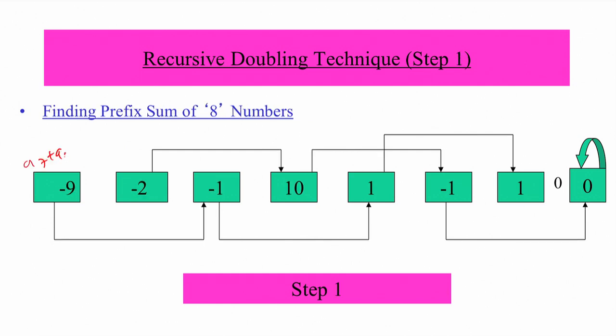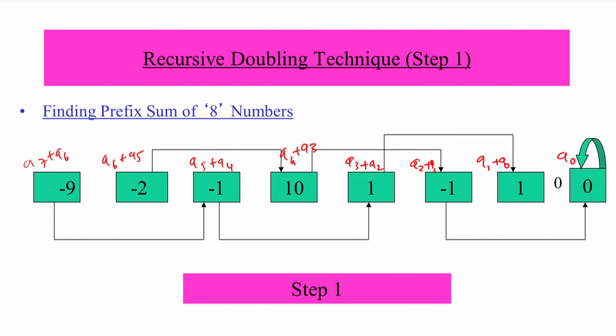This will be A7 plus A6, A6 plus A5, A5 plus A4, A4 plus A3, A3 plus A2, A2 plus A1, A1 plus A0. So at the end of my first step, every element has added a number 1 away from it, and it is now pointing to a distance of 1 away from it, right.